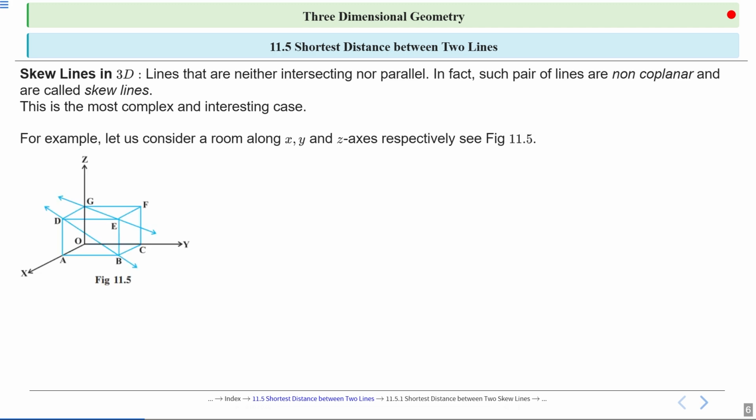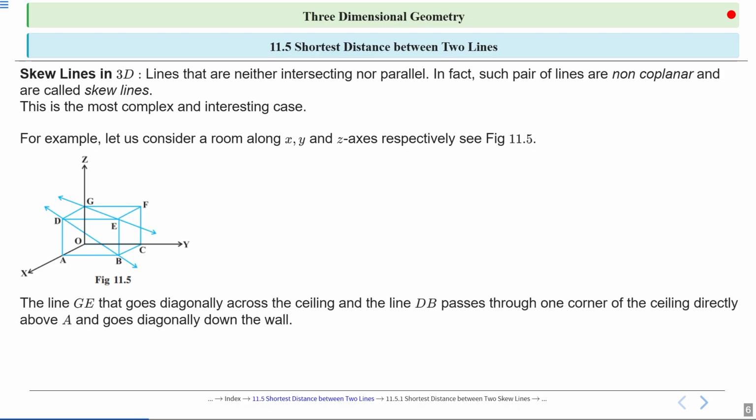To help you visualize skew lines, imagine a room with x, y, and z axes representing its length, width, and height. In this example, the line GE runs diagonally across the ceiling, while the line DB starts at one corner above point A and goes diagonally down the wall.